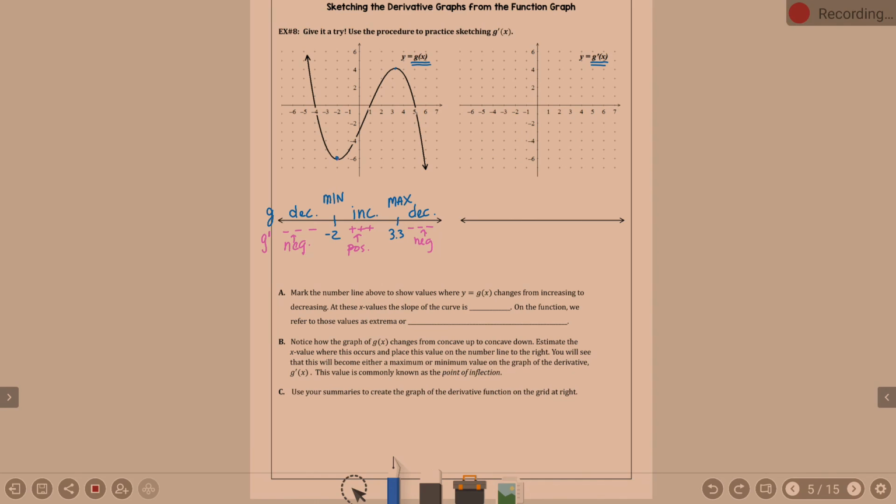It'll be 0. Slope is 0, yes? Because those are mins and max, slope is 0. Now, a 0 on this graph is going to mean an x-intercept.